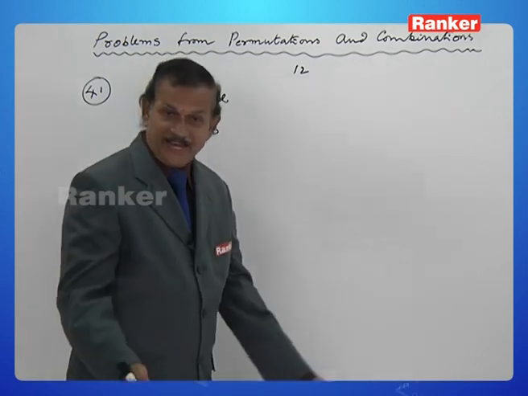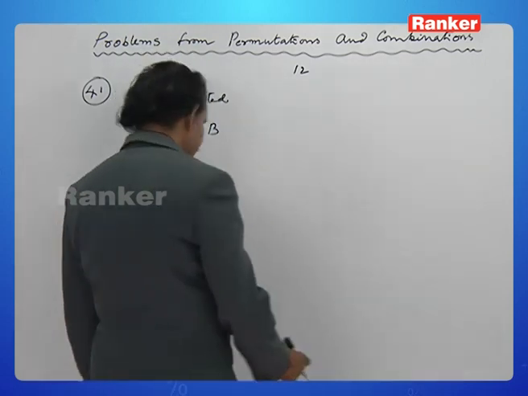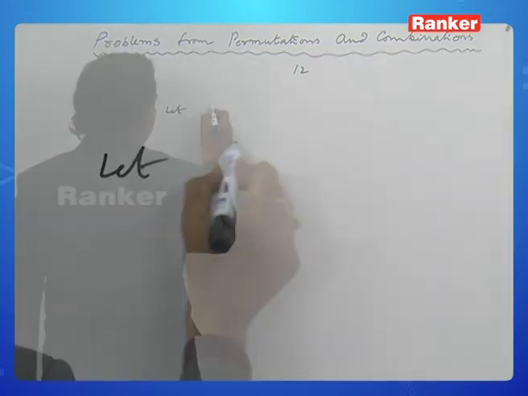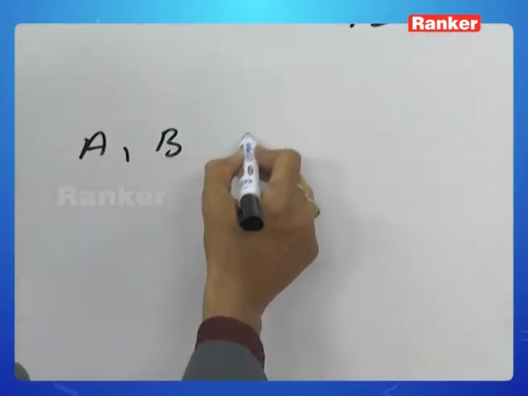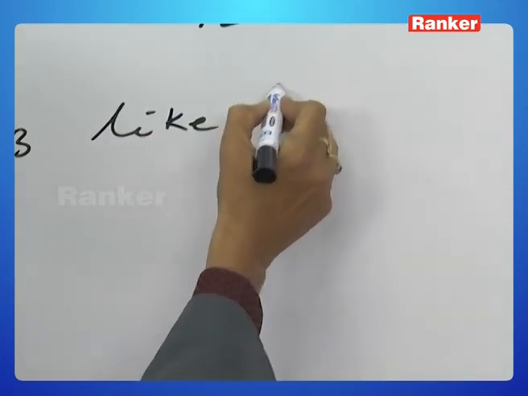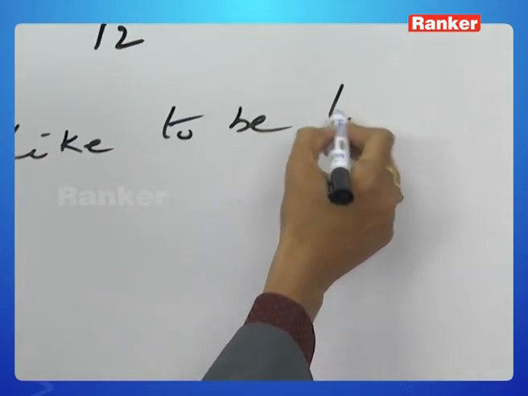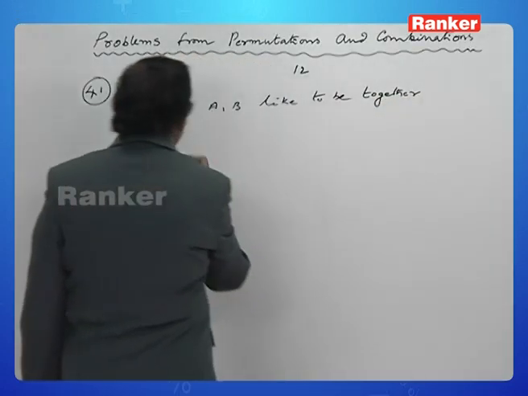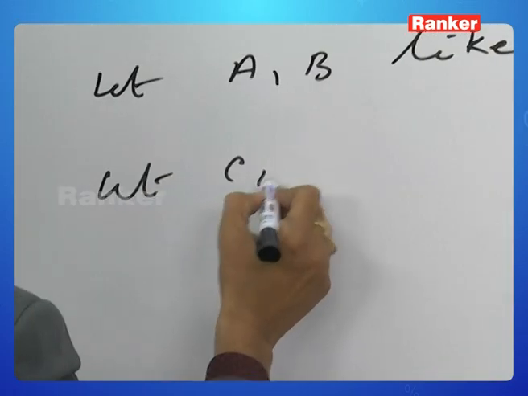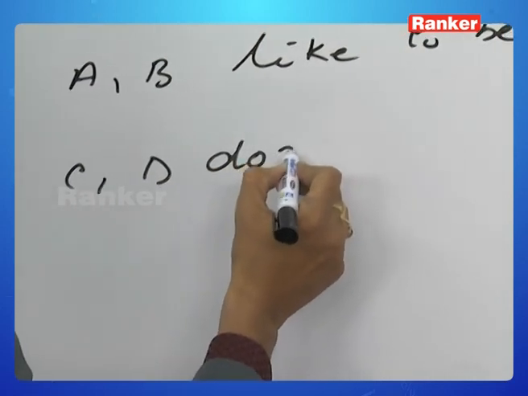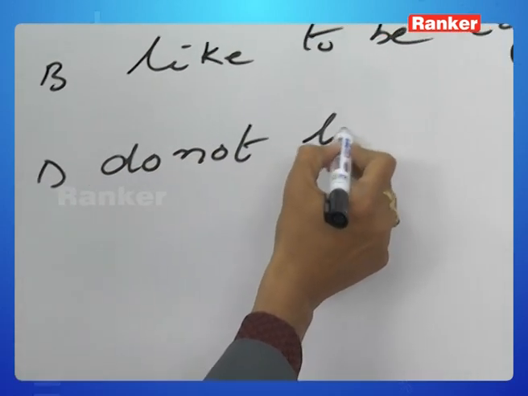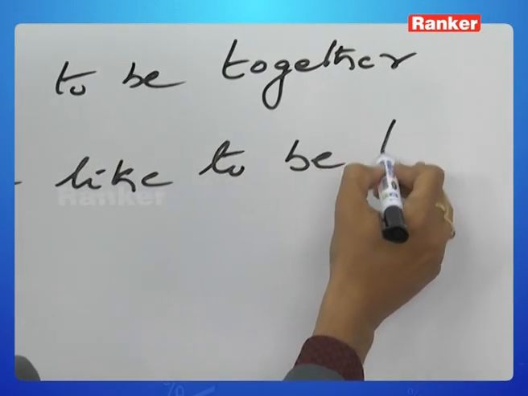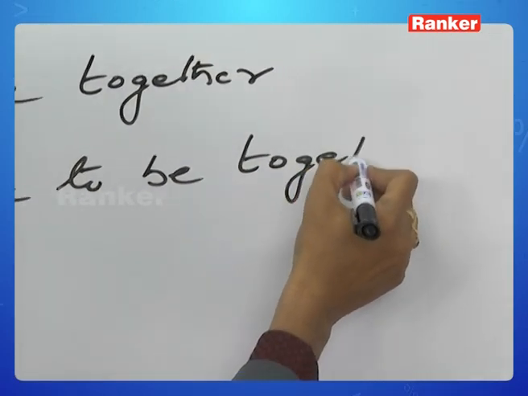Okay. Let me name those students first of all. Let A, B like to be together. And let C, D do not like to be together.